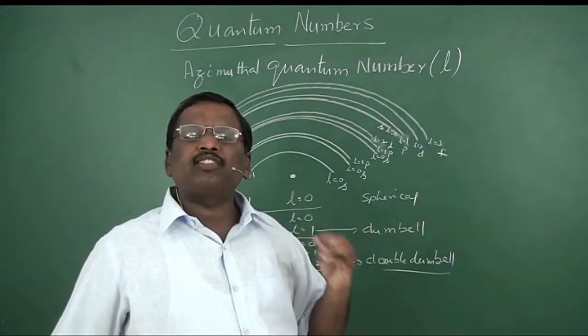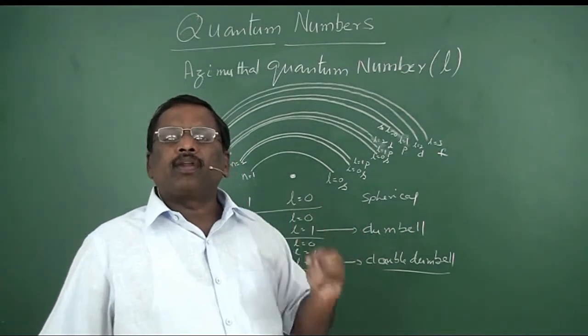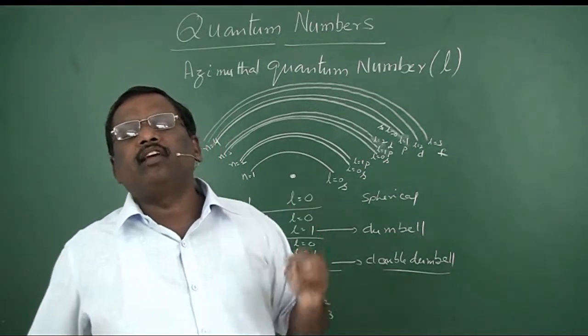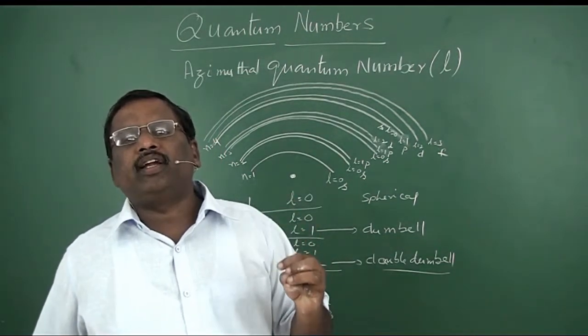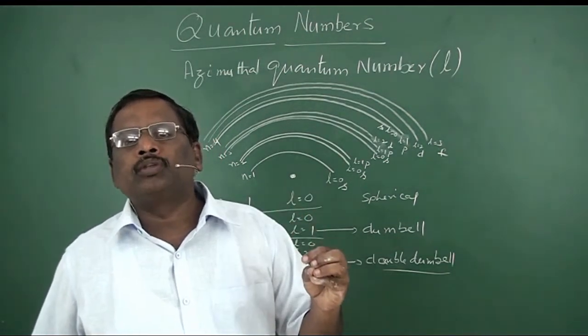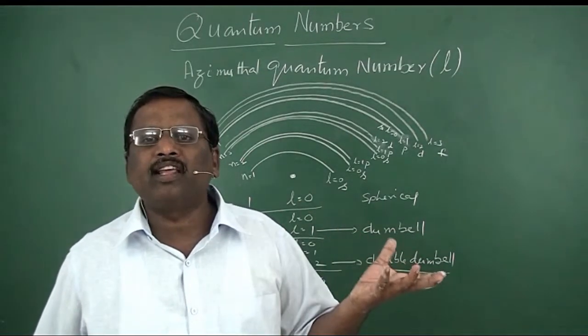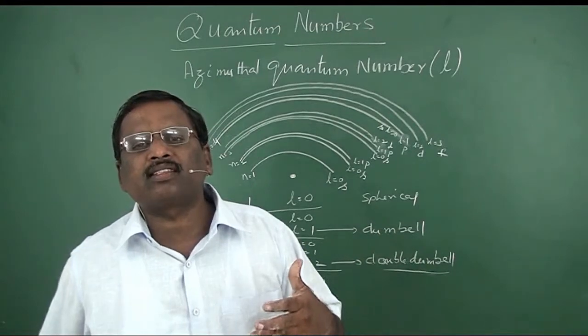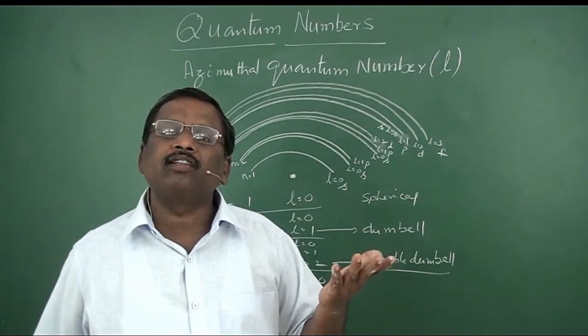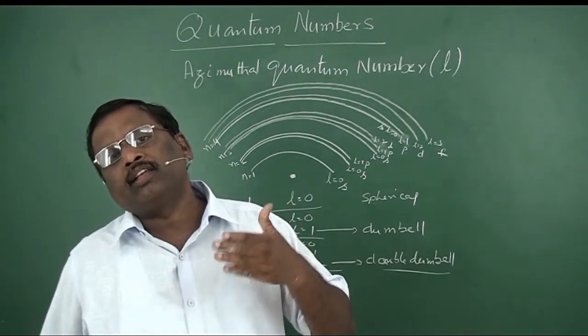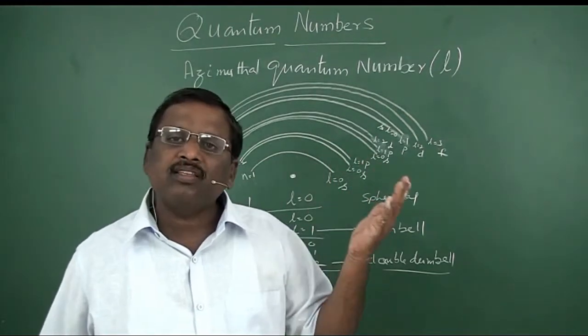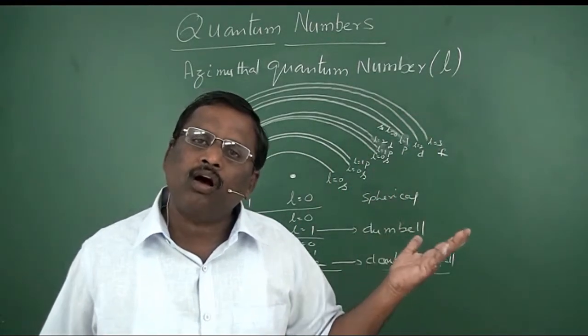So, the number of sub-energy levels present in a given main energy level is equal to its n value. Suppose if n is equal to 5, there are 5 sub-energy levels. If n is equal to 6, there are 6 sub-energy levels. n is equal to 7, there is possibility for 7 sub-energy levels, and so on.